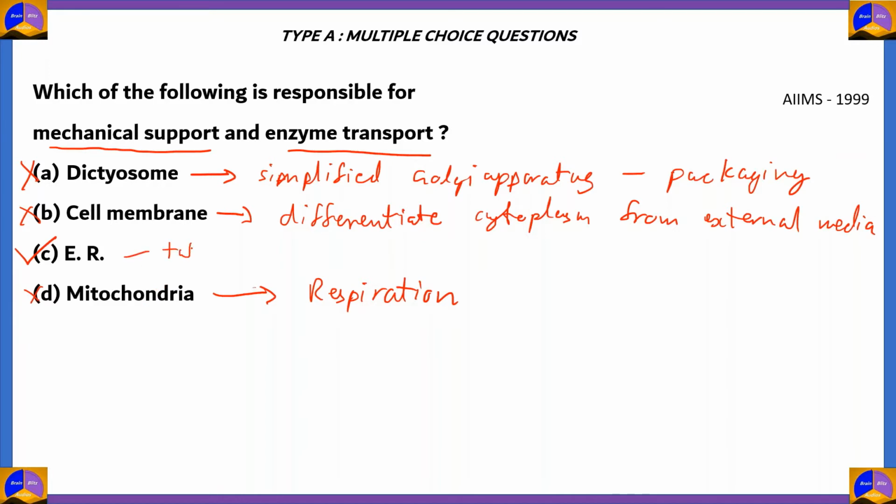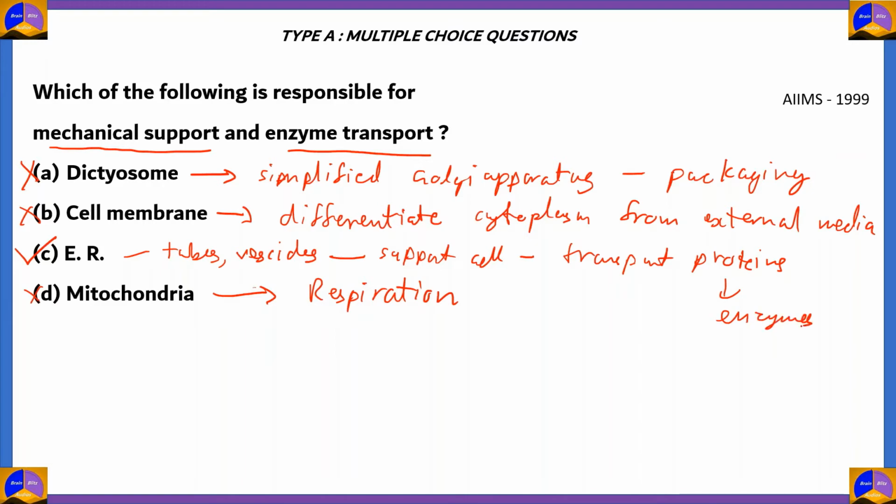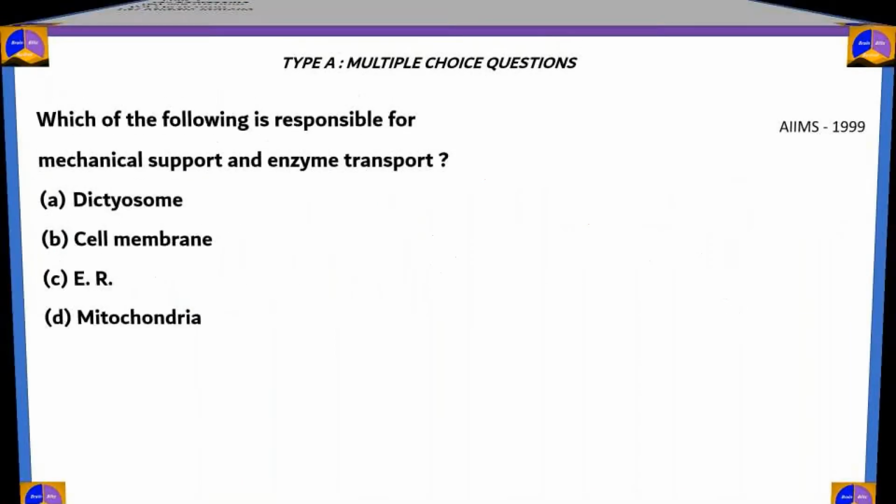These are a system of tubes and vesicles, and they support the cell and transport proteins, which also contain enzymes, because enzymes are a type of protein, most enzymes.